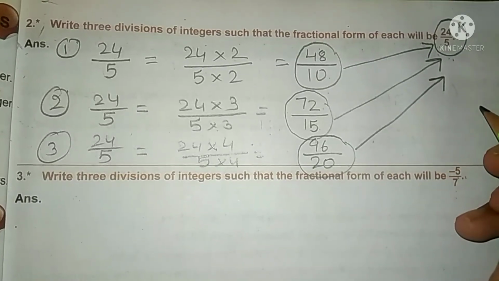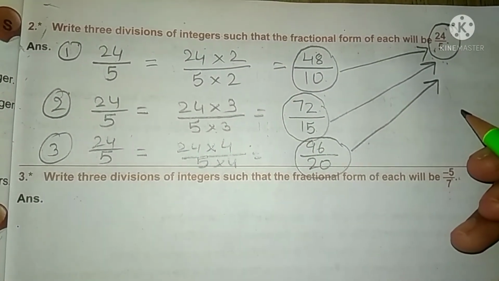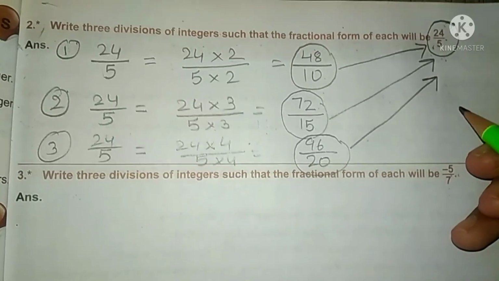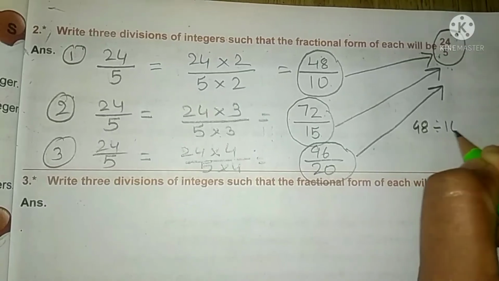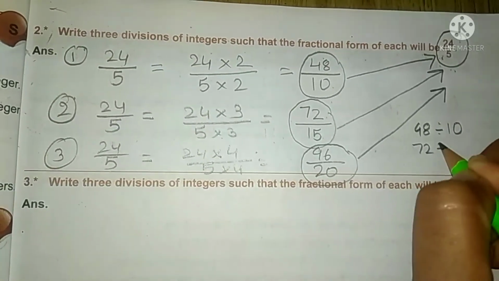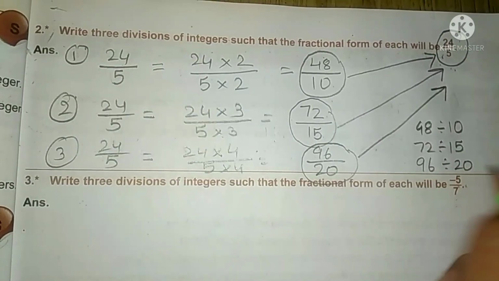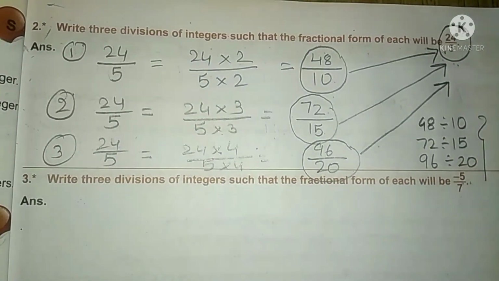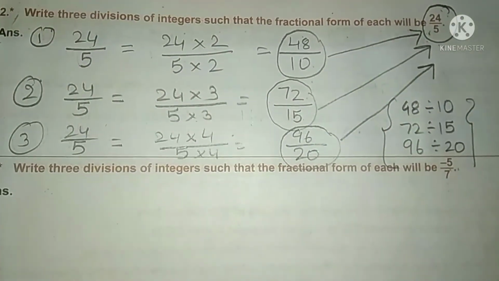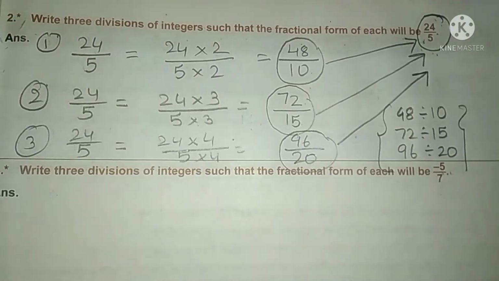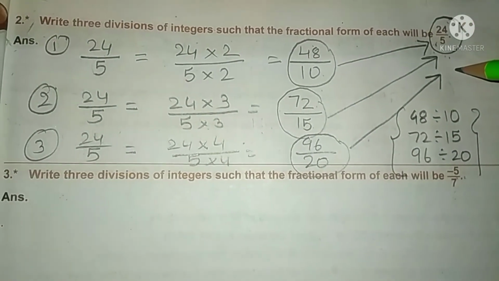So the 3 divisions of integers we have got are 48 divided by 10, 72 divided by 15, and 96 divided by 20. These are the 3 divisions which, when you divide, you will get the fraction 24 upon 5.